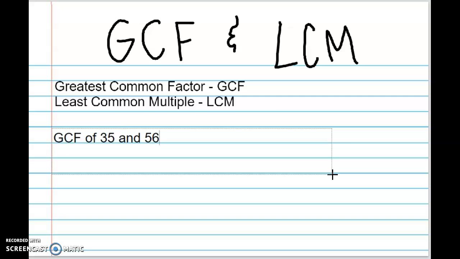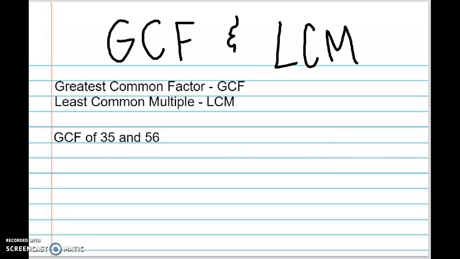What this means is that we want to find the largest factor that goes into both of these numbers. It has to be the same number. We're looking for the same factor that goes into both 35 and 56.